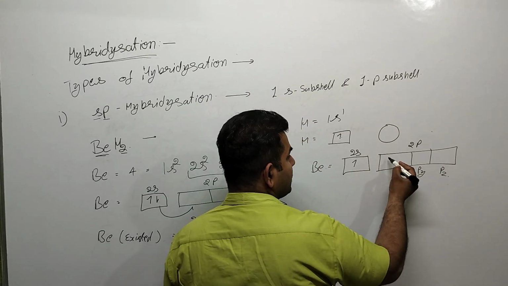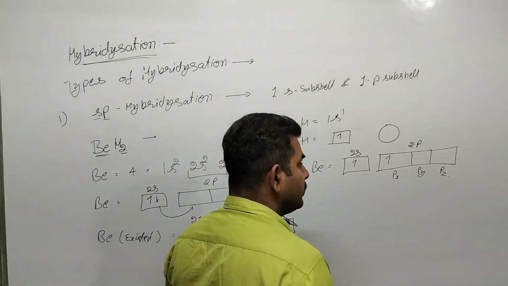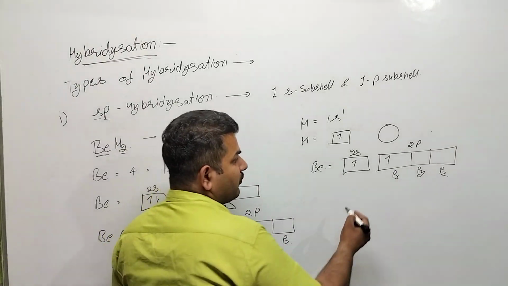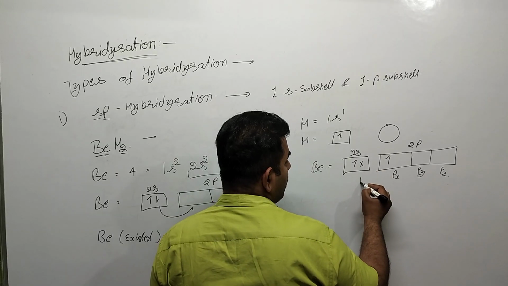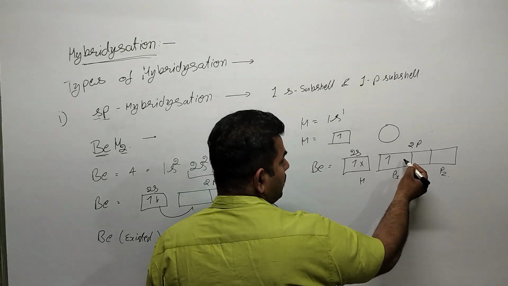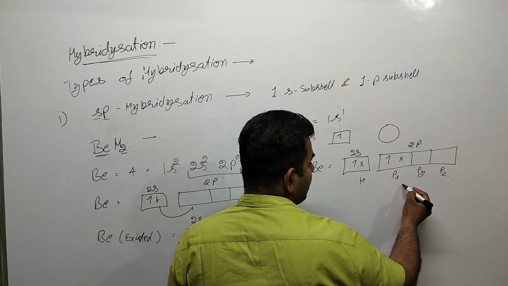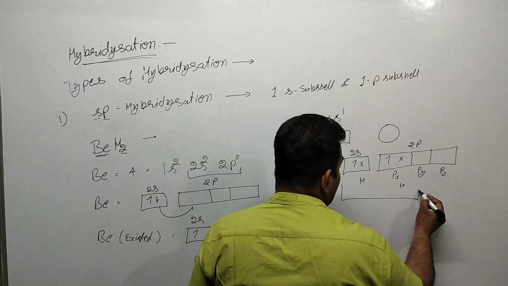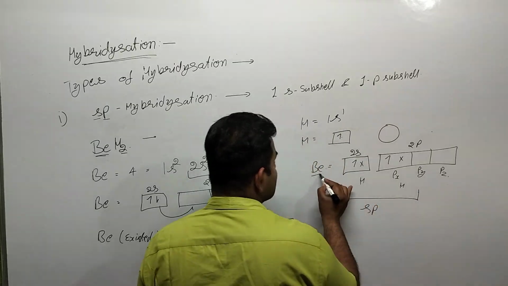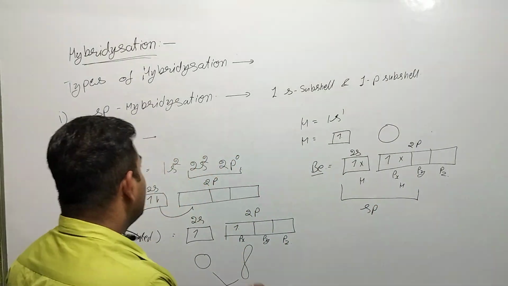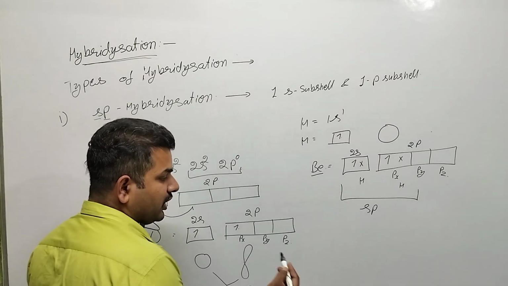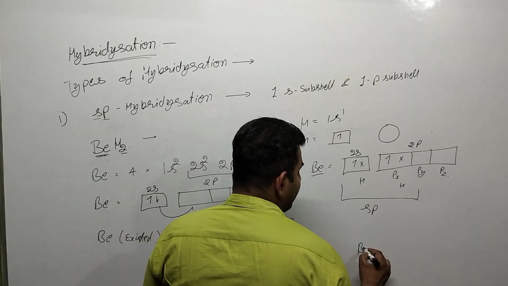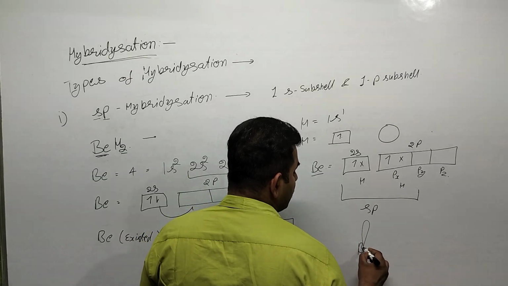One electron in 2s, one electron in 2p. But now these are in hybrid condition. That means one s orbital of hydrogen is overlapped with this, and one of these overlaps with this one. In simple way, it can be called sp hybridization of beryllium in the compound beryllium hydride. In the formula, beryllium is the atom having the hybrid orbitals.